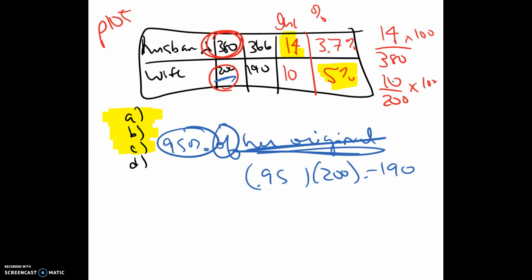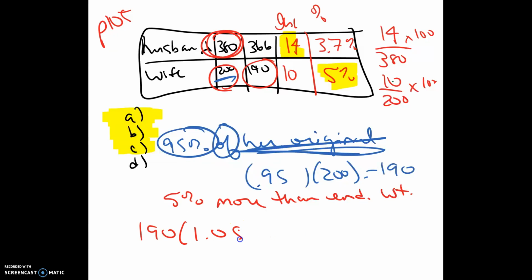All right, so let's look at D. D says the wife's starting weight was 5% more than her ending weight. So 5% more than her ending weight. All right, so let's look. Her ending weight is what, 190. Now, I could either do 5%, figure it out and add it, or I could do a multiplier of 105% because she's going to keep the 190, and then if I add the 5% on, right?